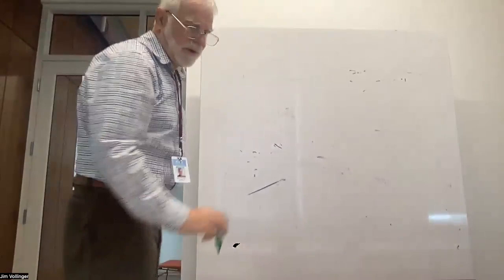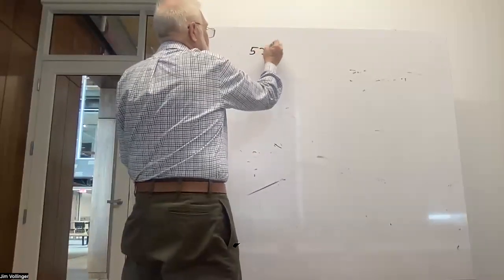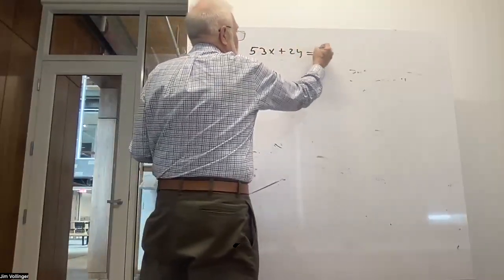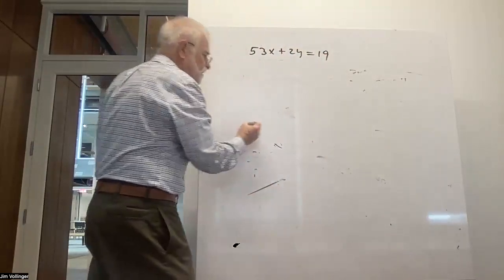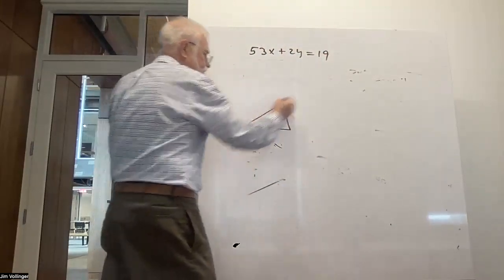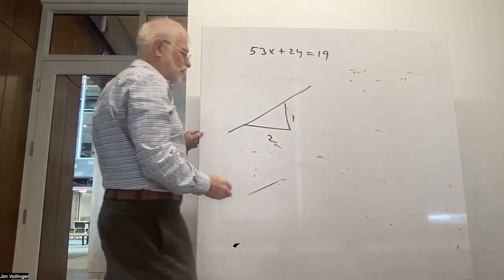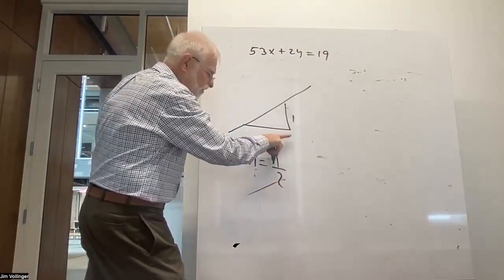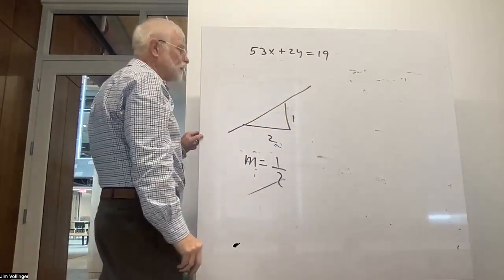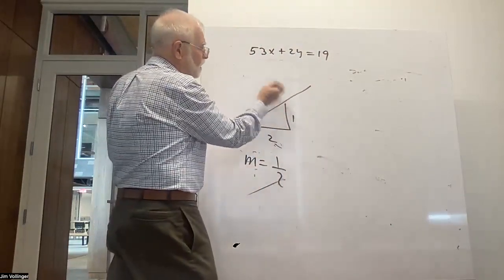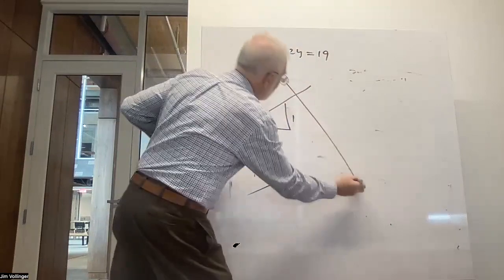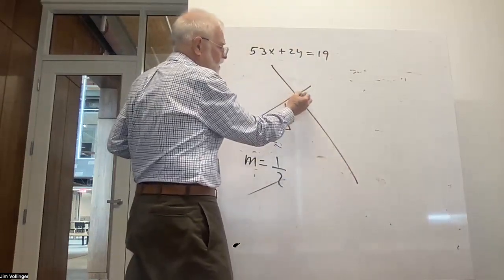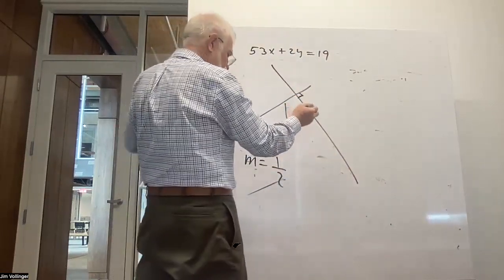Perpendicular for a 53x plus 2y equals 19. Well, if somebody didn't draw the perpendicular, let's say that's 2 to 1. 2 to 1 ratio. That's a slope. The multiplier would be, you give me 2 units of change in x, I'll give you 1 vertical change. Let's draw a perpendicular. I don't know how close to 90 degrees I got, but let's look at what this is.